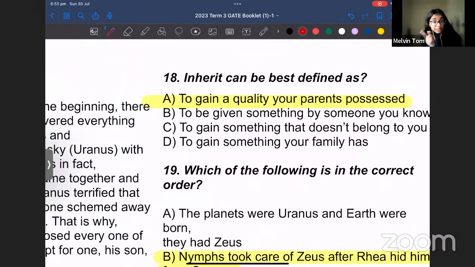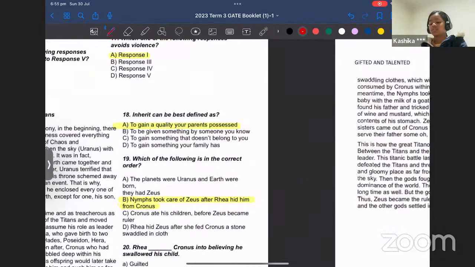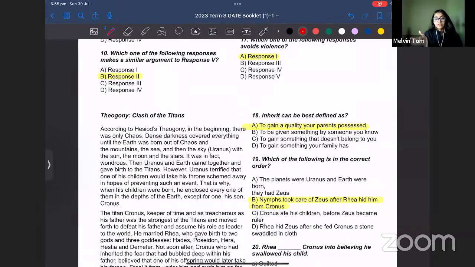This is also correct. But remember, when you're doing reading comprehension and looking at multiple choice, you have to look at the option which is most relevant to the paragraph or the text. In this case, they're clearly using inherit as in traits that have been passed down.